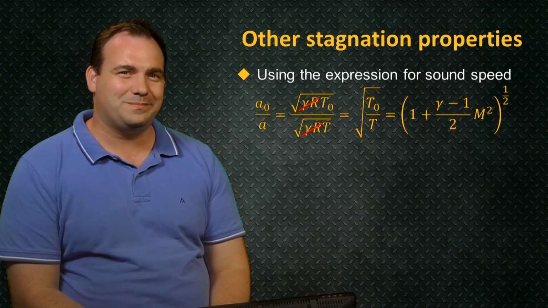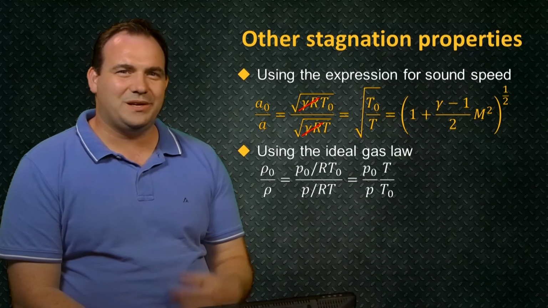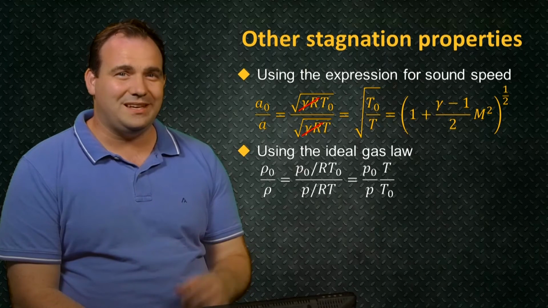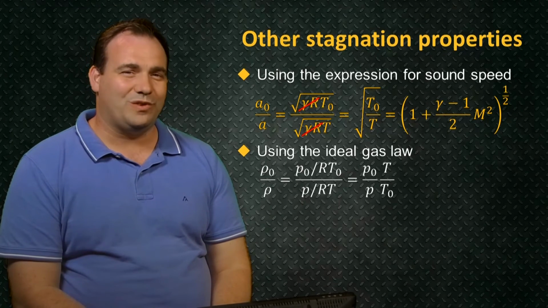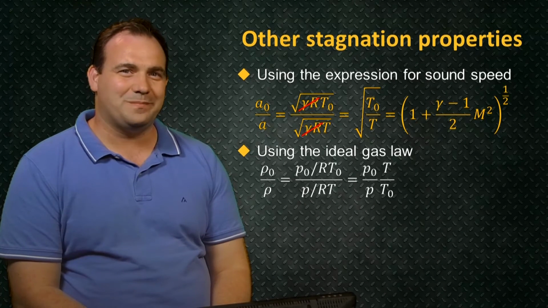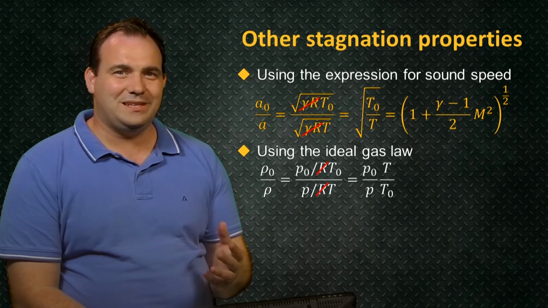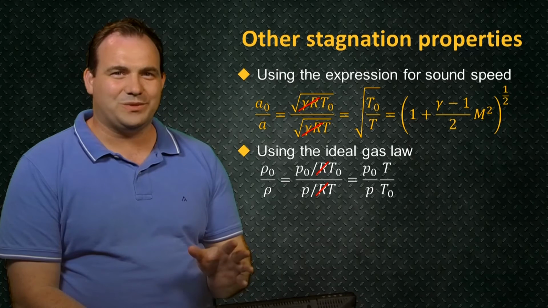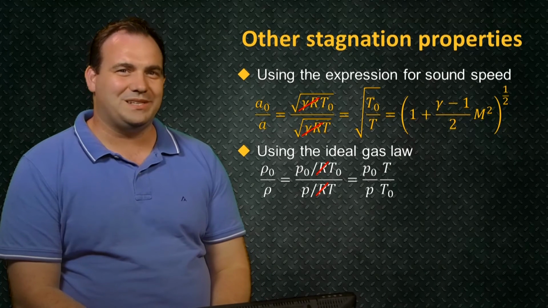To find the ratio of the stagnation density to its value at a Mach number of M, we make use of the ideal gas law to express both of the densities in terms of temperature and pressure. Cancelling out the gas constants, we see that the density ratio is equal to the pressure ratio divided by the temperature ratio.